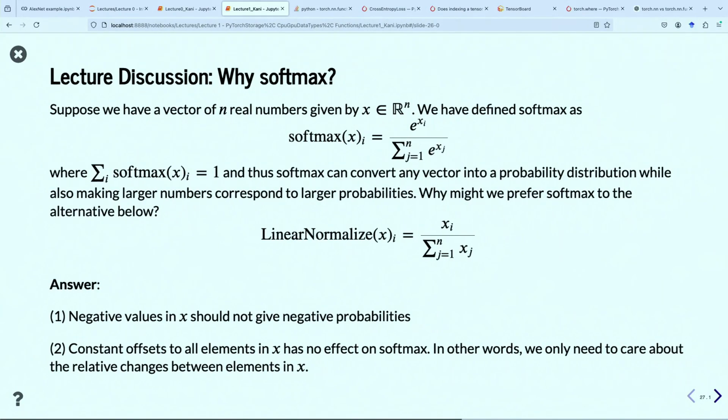Okay, so the major reason why people tend to use softmax a lot over something like linear normalization is that negative values in x shouldn't give negative probabilities. If we're looking simply at the magnitude of x, that matters, right? And constant offsets, straight constant offsets for all elements across the board, don't matter to softmax.